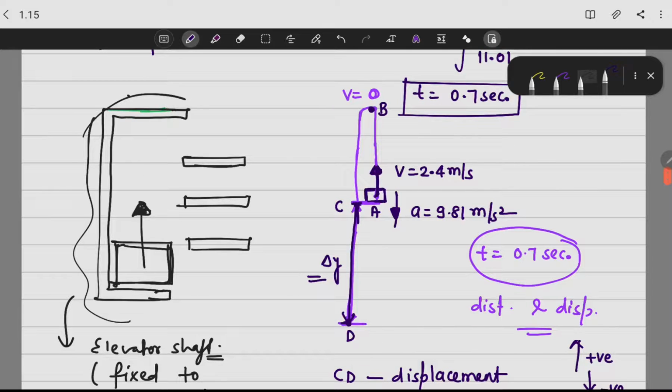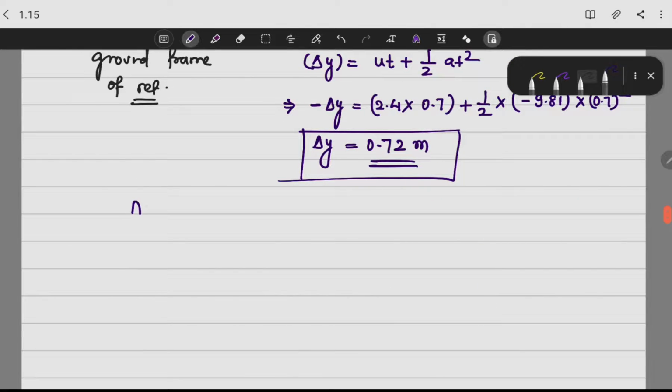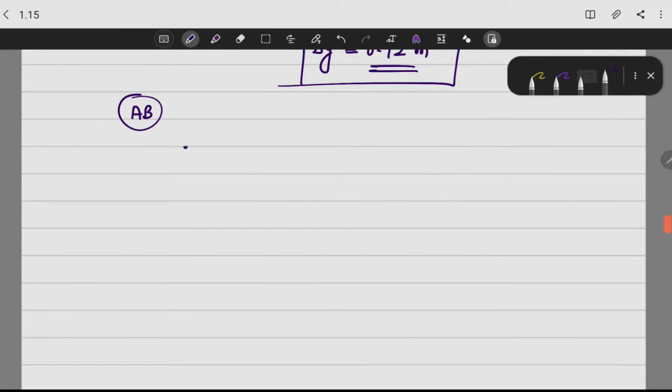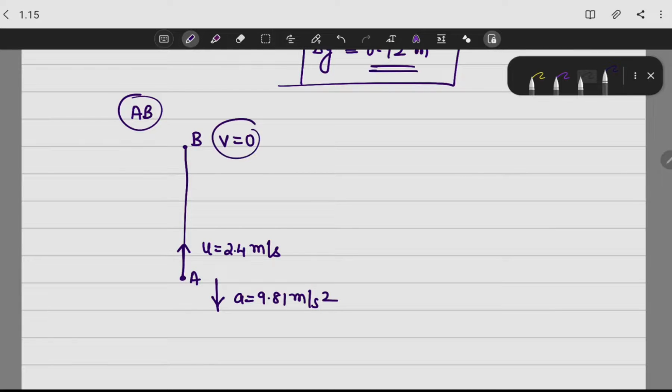Now in order to find the total distance, we know that the distance between A and B is the same as B and C, and we know the distance between C and D. So for A to B, the velocity is in the upward direction. Let us say u is equal to 2.4 meter per second, and acceleration is in the downward direction, that is 9.8 meter per second square, and here the final velocity will be 0.